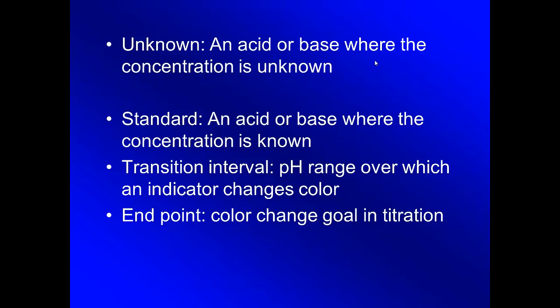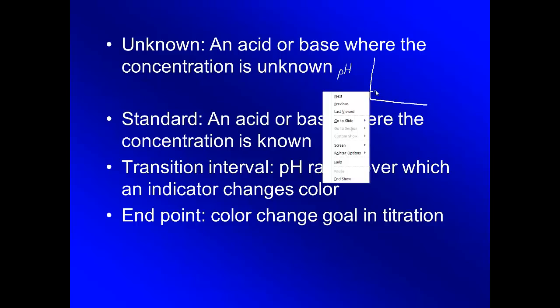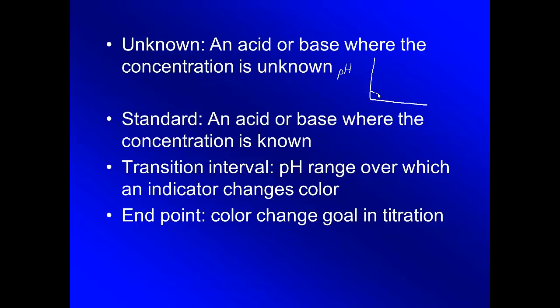Let's look at what's happening when you have an acid and base. So this is my pH. If I'm starting with an acid, I'm going to start with a low pH, and then you're going to add a base. And as you add that base in, it's going to climb, climb, climb. Then you reach this midpoint right here.